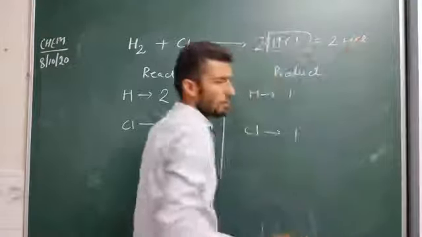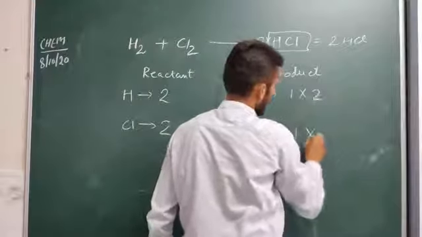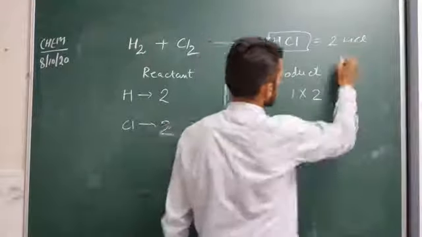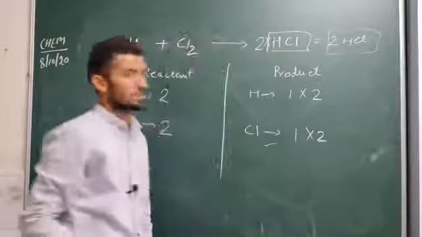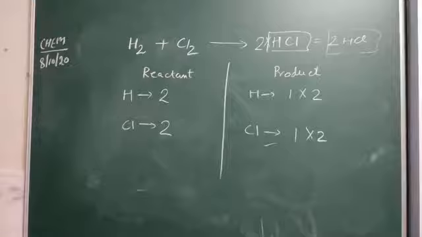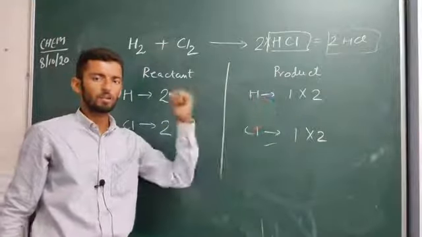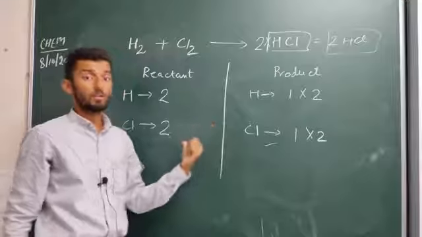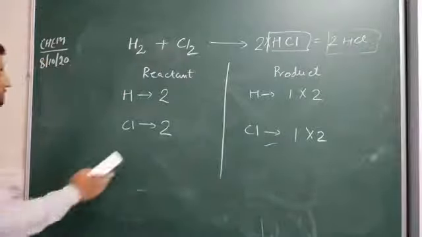So if 2 HCl is given, it means hydrogen will also be 2 and chlorine will also be 2. So this equation will then be a balanced chemical equation. So in this way you have to write. First of all, see how many atoms are present on the reactant side, how many on the product side, then calculate which one needs to be balanced, and accordingly you can balance. Clear?